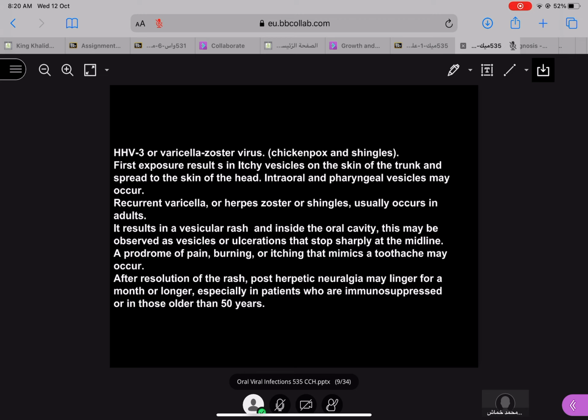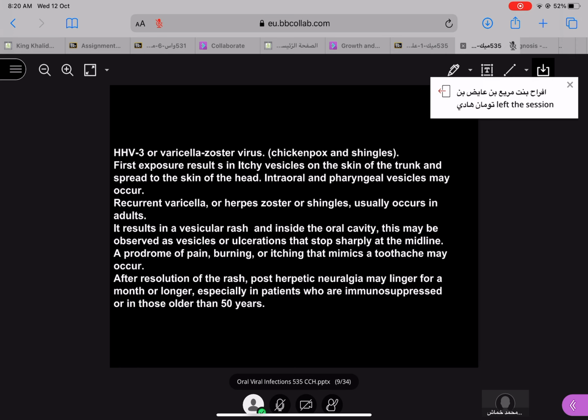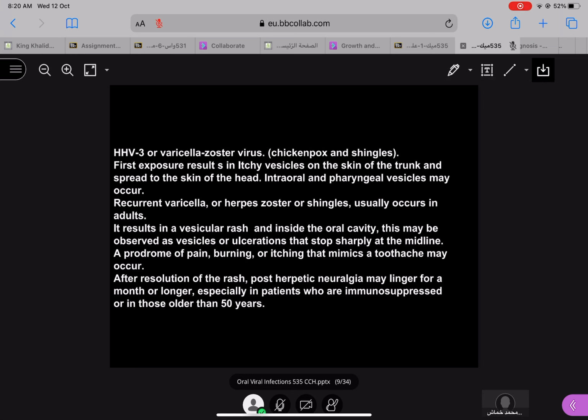Recurrent varicella, or herpes zoster or shingles, usually occurs in adults. It results in a vesicular rash, and inside the oral cavity this may be observed as a vesicle or ulceration that stops sharply at the midline. A prodrome of pain, burning, or itching that mimics a toothache may occur after resolution of the rash.